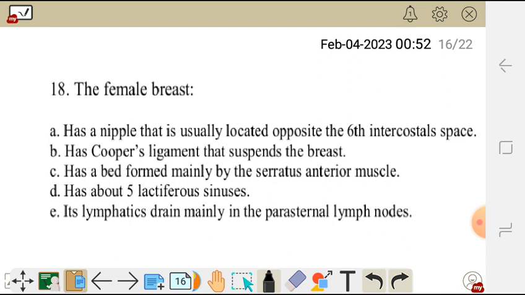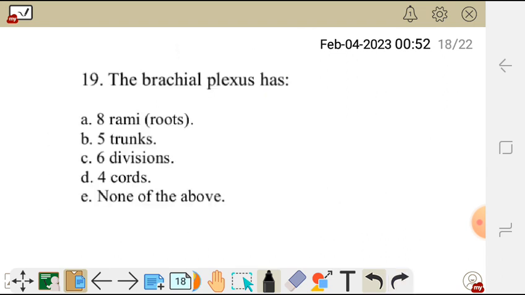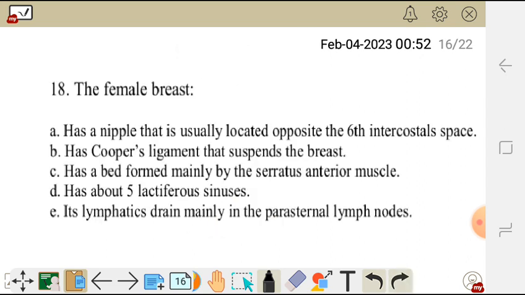Those are the nodes which drain the breast, not the parasternal. The parasternal nodes also drain the breast, but mainly it is the pectoral lymph nodes. So let's move on to question 19. For question 18, the correct answer is B.